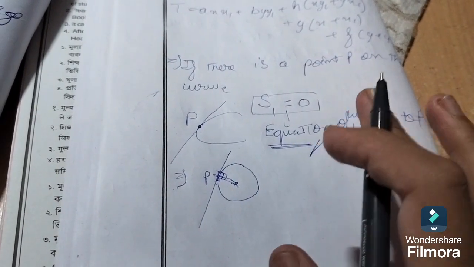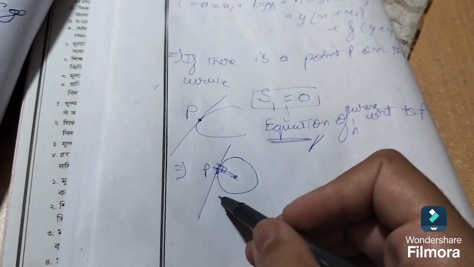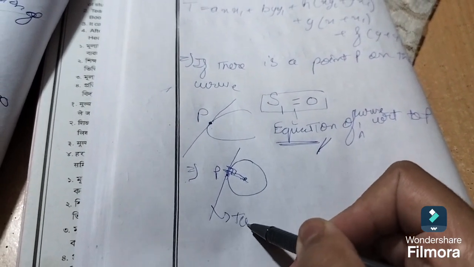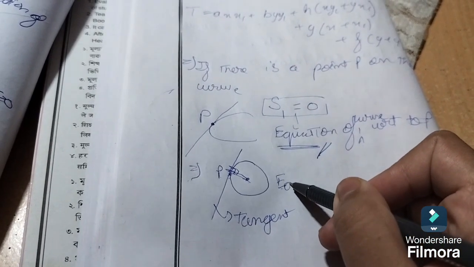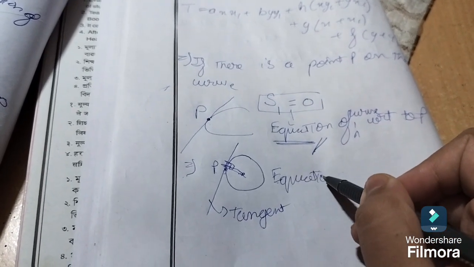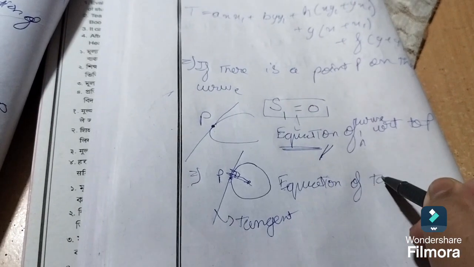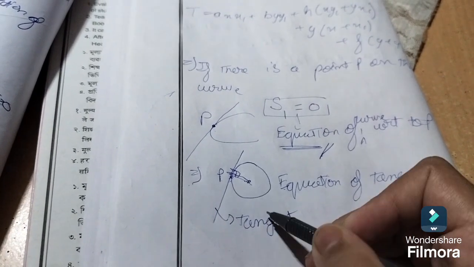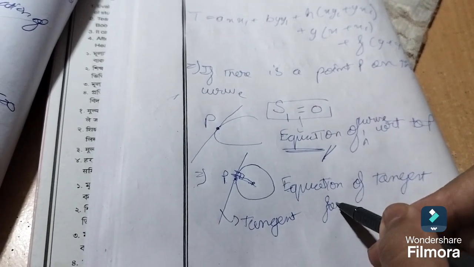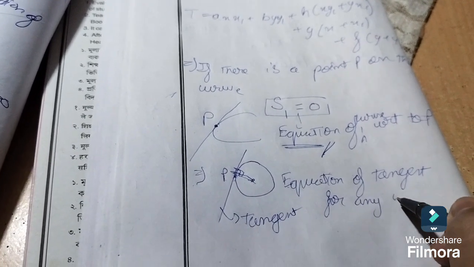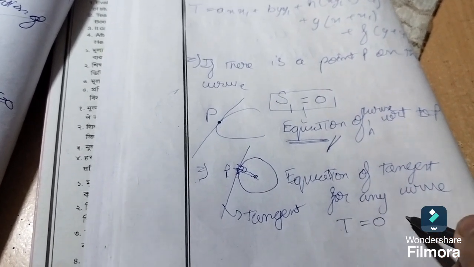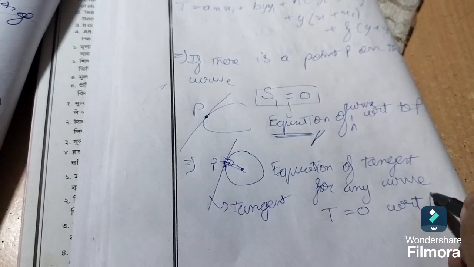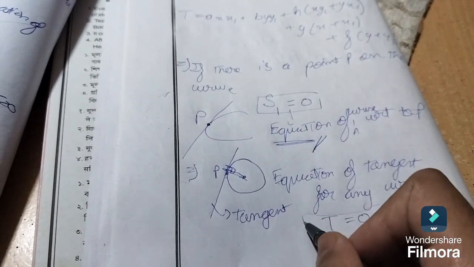So this is S1 is equal to 0, but what if we have to find the equation of the tangent?